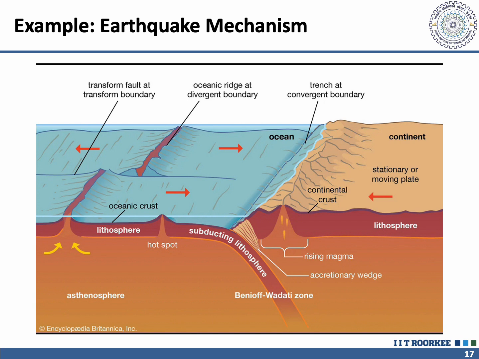So it behaves as an elastic material. But once the yield stress is reached, it ruptures and an earthquake occurs. So here we can observe the plastic deformation where the strain is non-recoverable. Now, the earthquake mechanism is a much more complex process, but this is a simplified version of it.